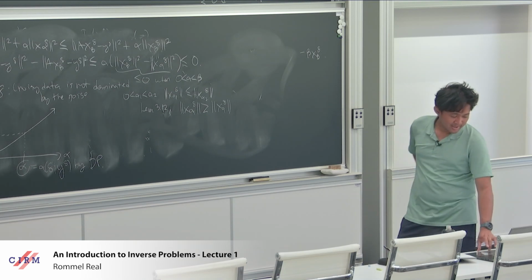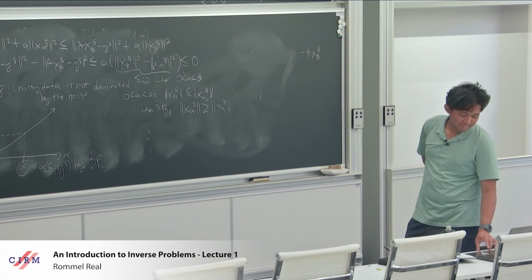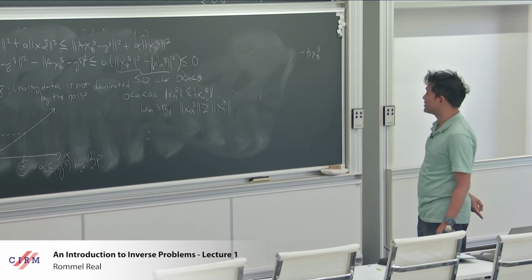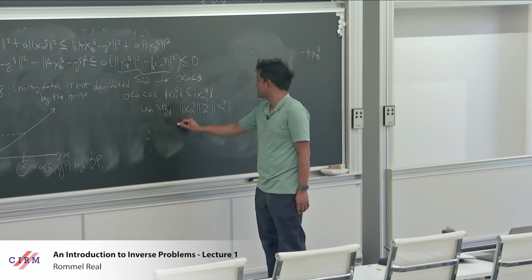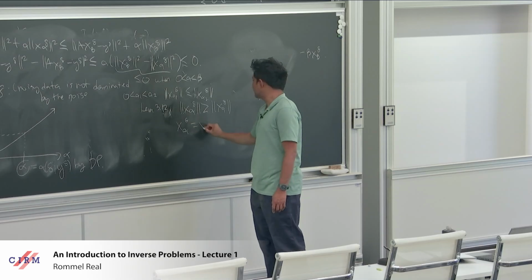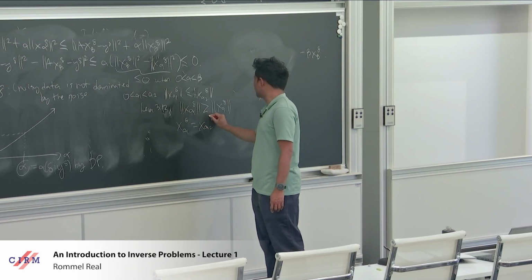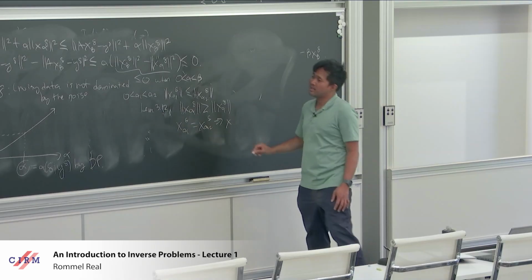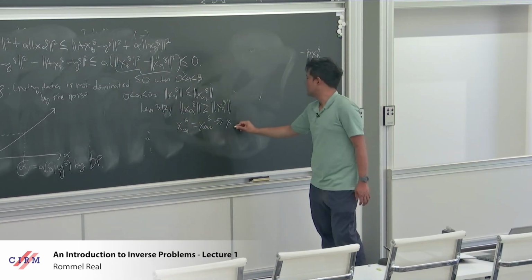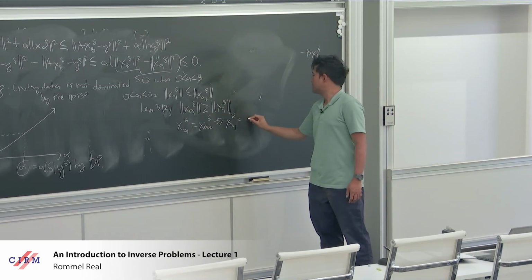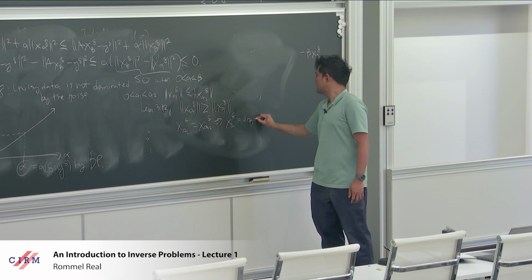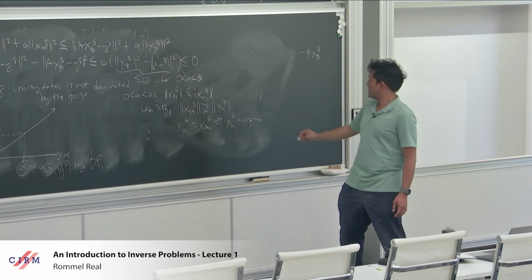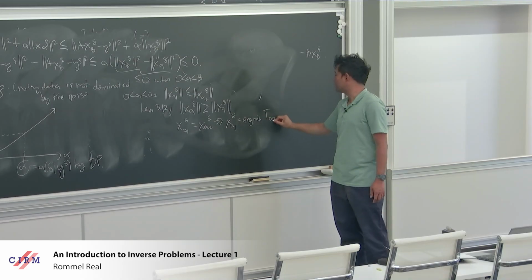Okay, and that leads us to this one, which means the regularized solution x sub alpha 1 must also be a minimizer of the Tikhonov functional in terms of alpha 2. So that means x sub alpha 1 delta is equal to the minimizer of T sub alpha 2.